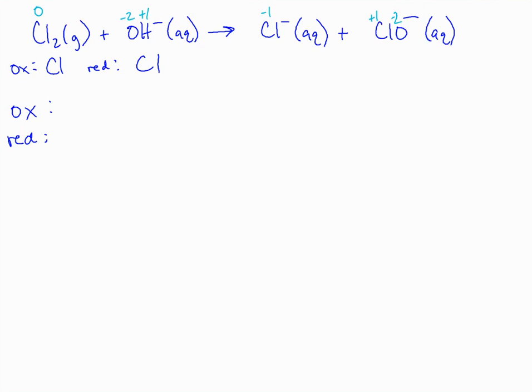So for the oxidation, it's going to start off with Cl2 and it's going to become, let's see, which of these chlorines would be part of the oxidation reaction. Remember, oxidation is losing, so it's becoming more positive. This one. ClO minus.